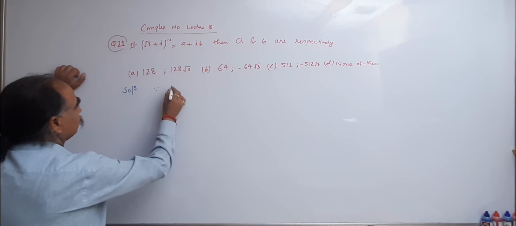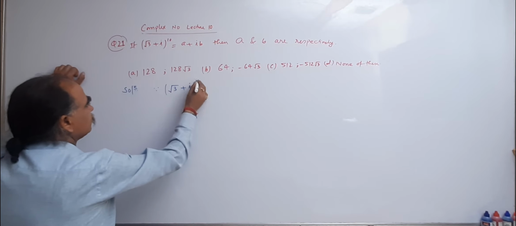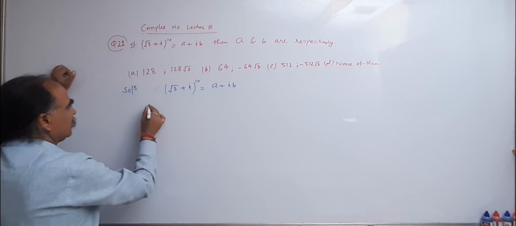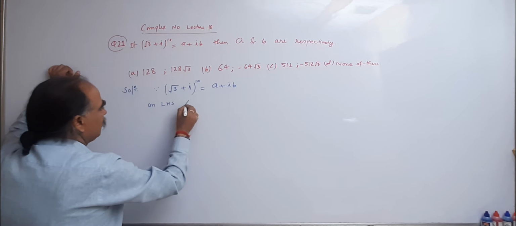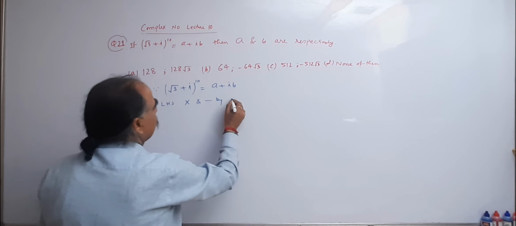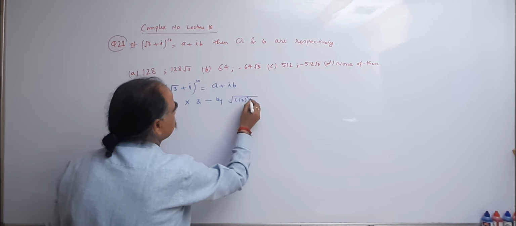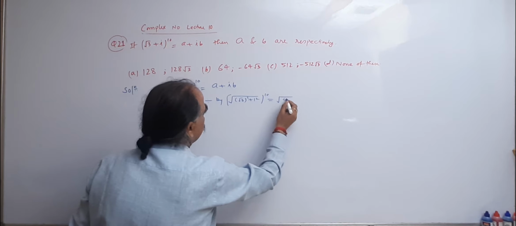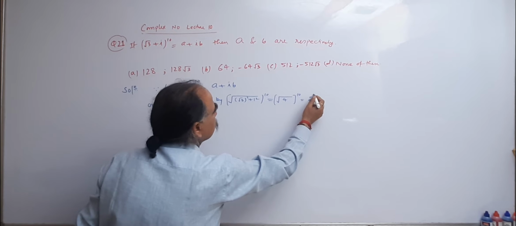Since (root 3 plus i) raised to 10 is equal to a plus ib, on left hand side multiplying and dividing by root of (root 3 square plus 1 square) raised to 10, which is root 4 raised to 10, which is 2 raised to 10.